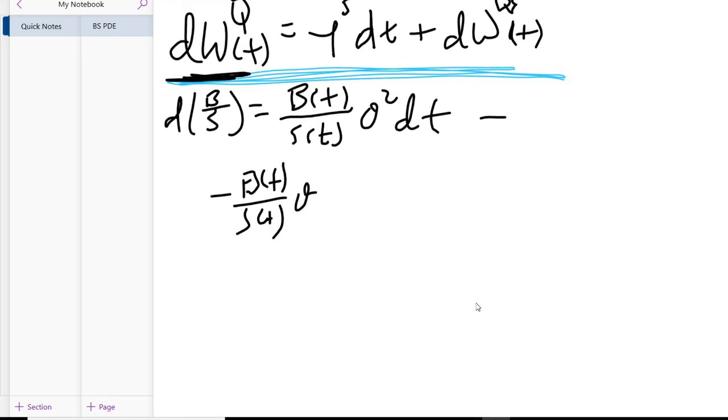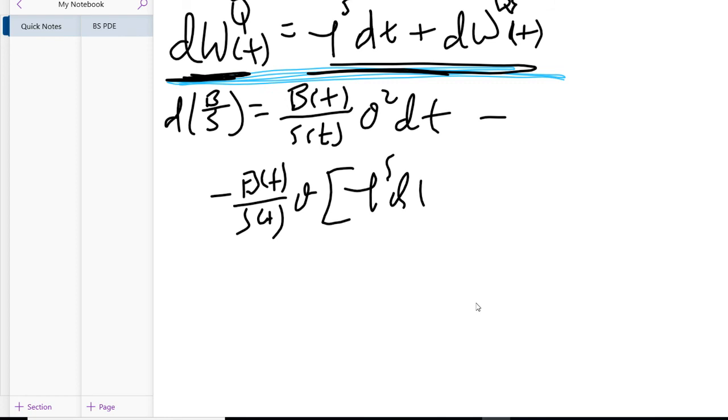We're going to rewrite that as this up here, phi superscript S dt plus dWQS at t.